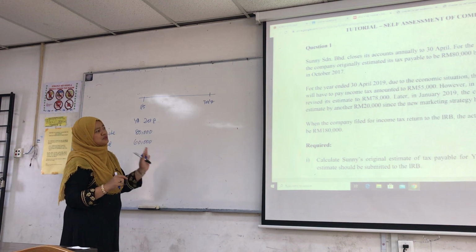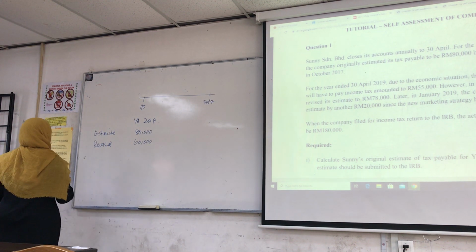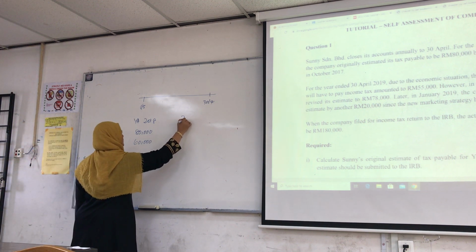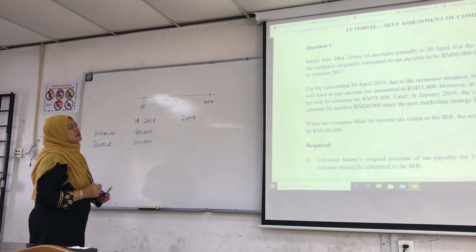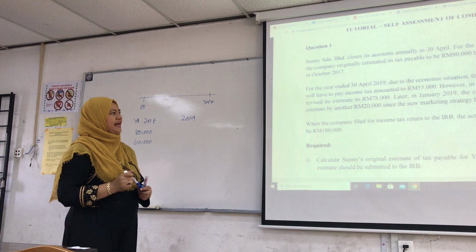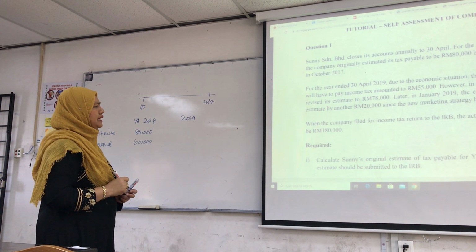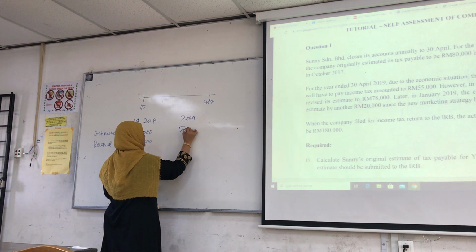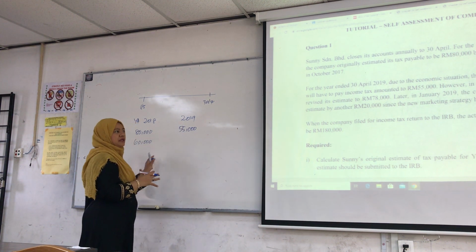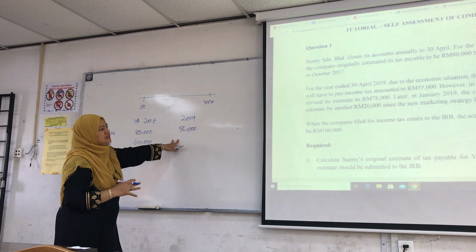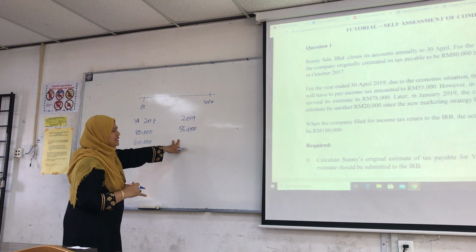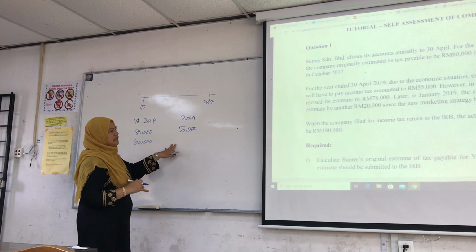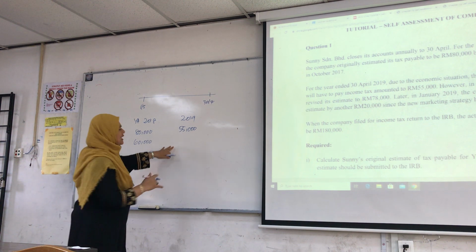When it comes to 2019, due to the economic situation, the company estimated that it will have to pay income tax of 55,000. We write it down first, then we have to check further. They estimate 55,000, and then in October 2018 they revised to 78,000.